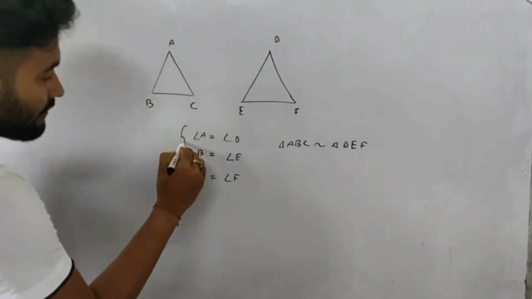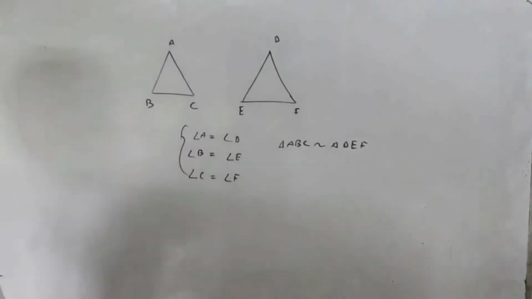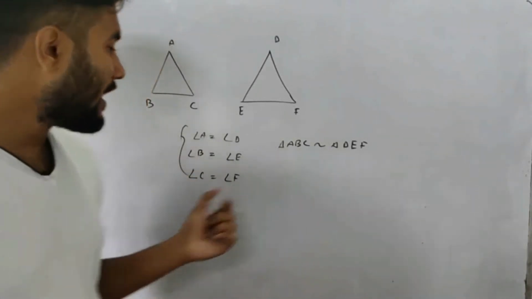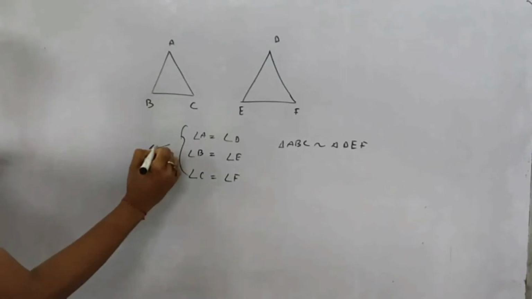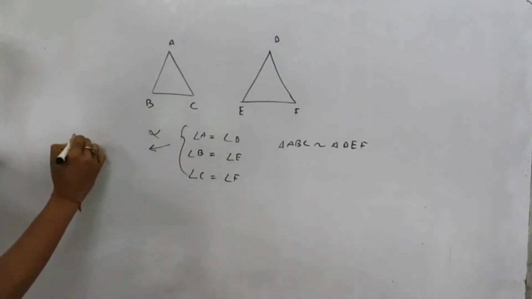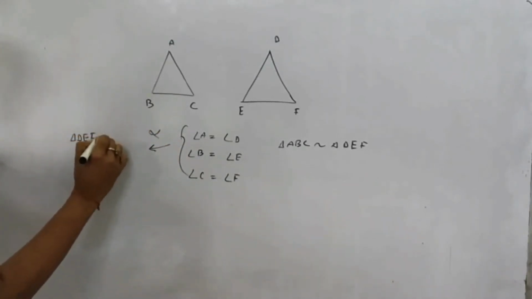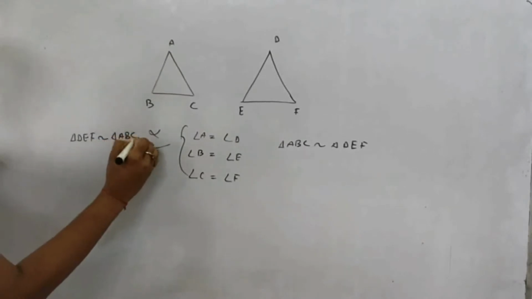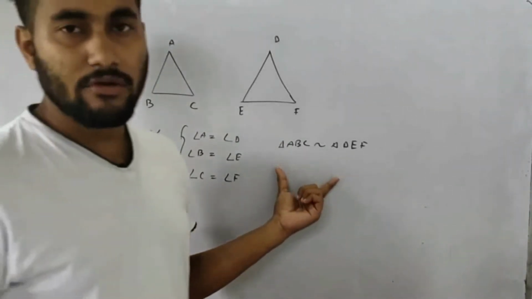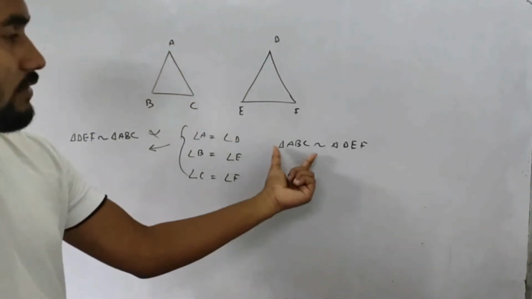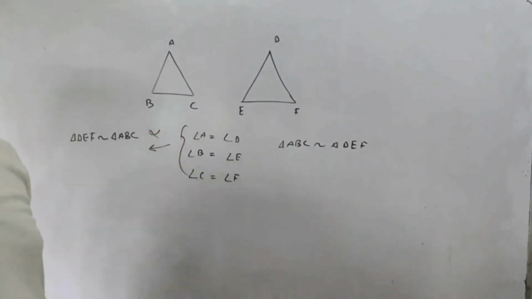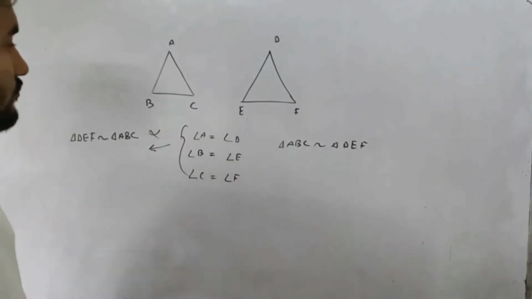Means whichever angles you write first, that triangle will come first. You cannot write it this way, it is wrong: triangle DEF is similar to triangle ABC. You have to write the proper way, understood? You will always write that triangle first whose angle you have written first, understood?